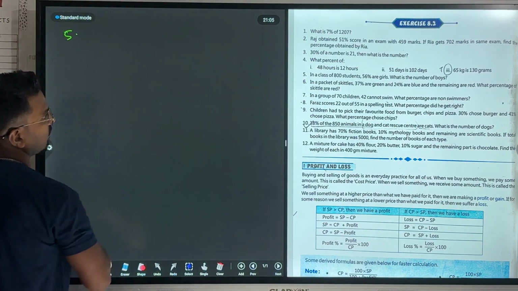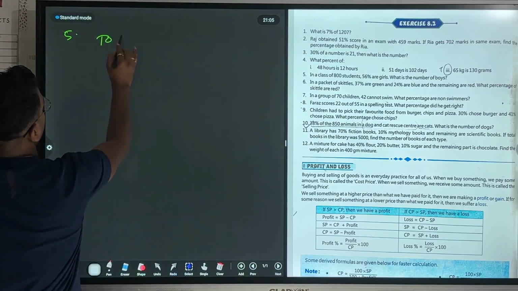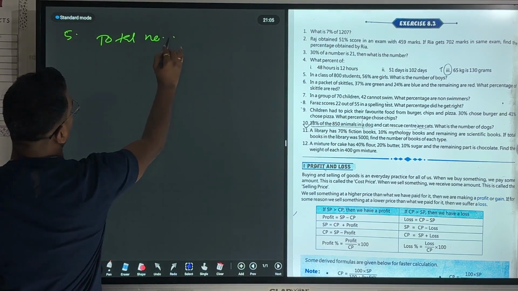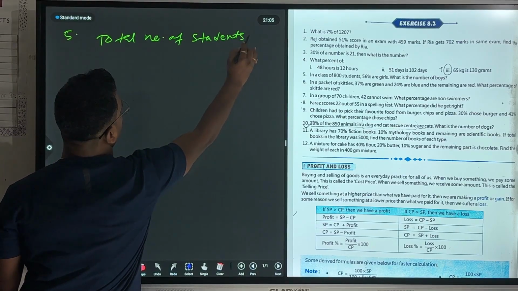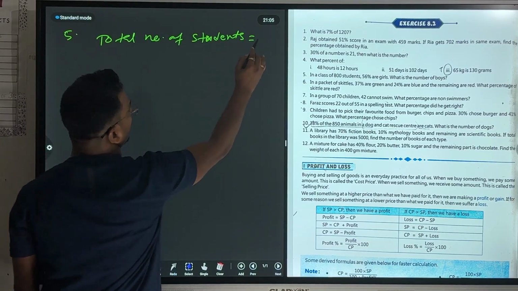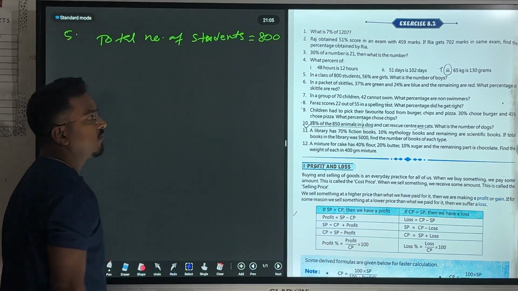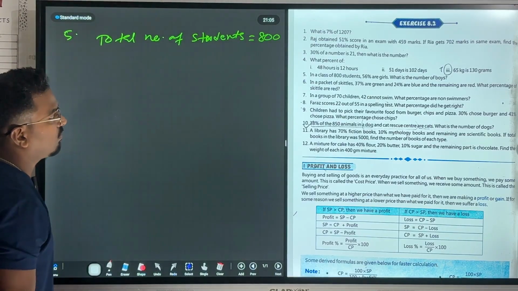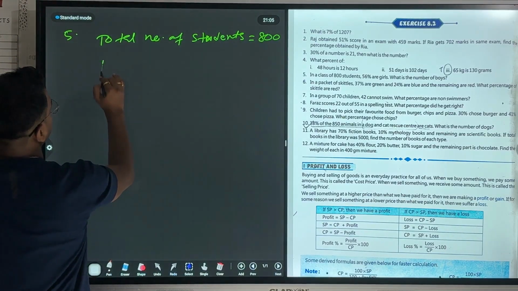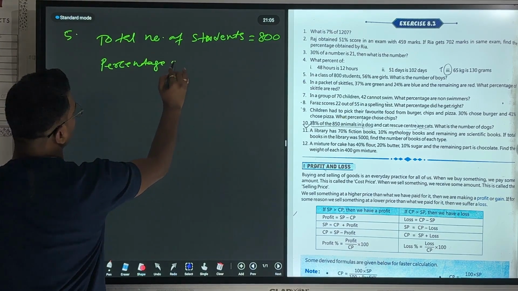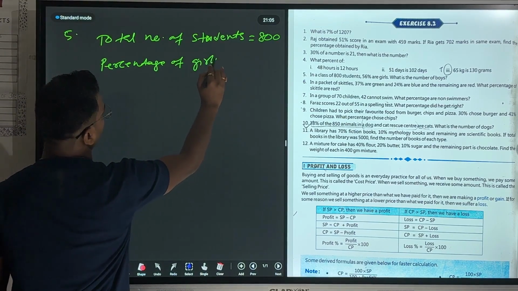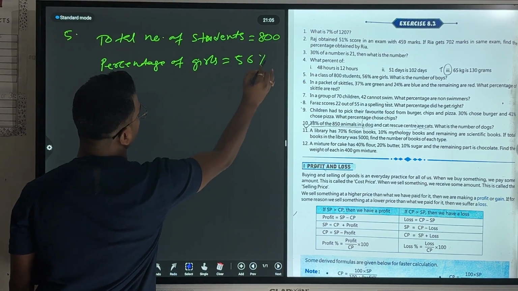Let me find the number of girls. Total number of students is 800. The percentage of girls is 56%.